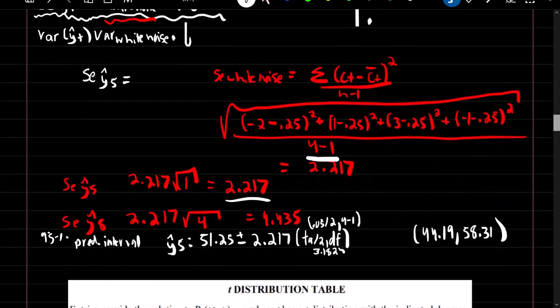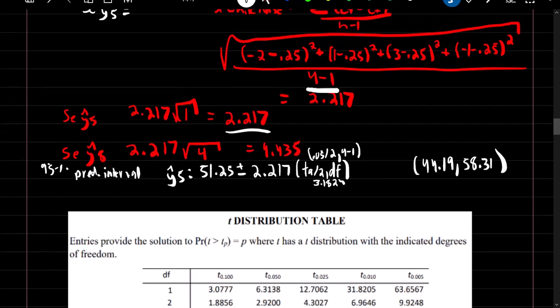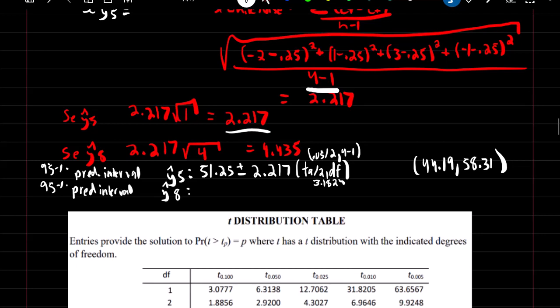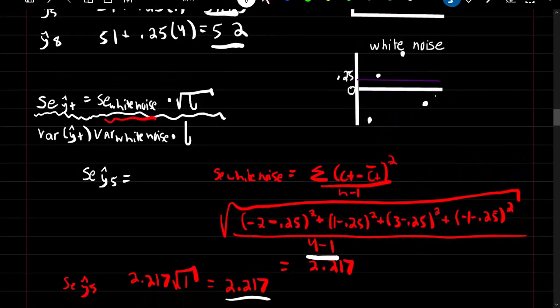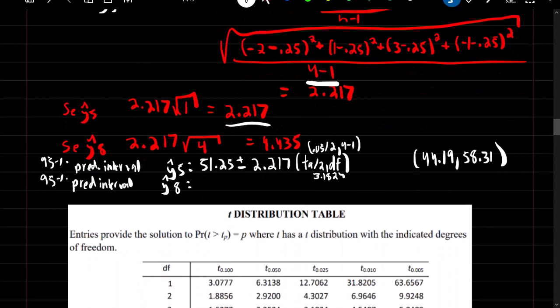Okay, so now we can find the prediction interval for time 8. So we want to find the 95% prediction interval of our predicted value at time 8. It's going to be our predicted value at time 8, which we found to be 52, plus or minus our standard error, which is, oh no, it's going to be 4.435.